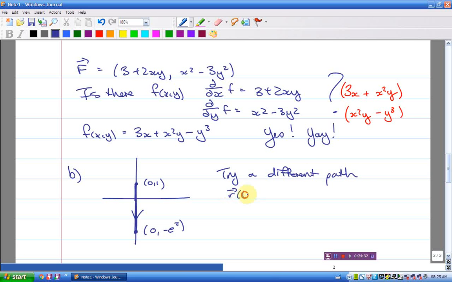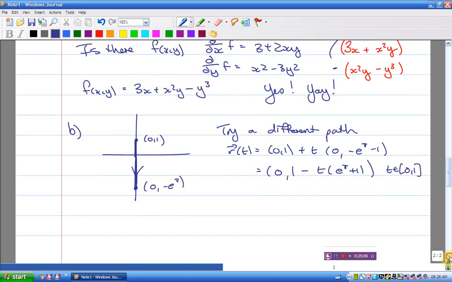So we can come up with a new path: r(t) = (0, 1 + t(minus e to the pi minus 1)), for t an element of 0 to 1, because the direction vector of my line segment was the entire distance between my two points.